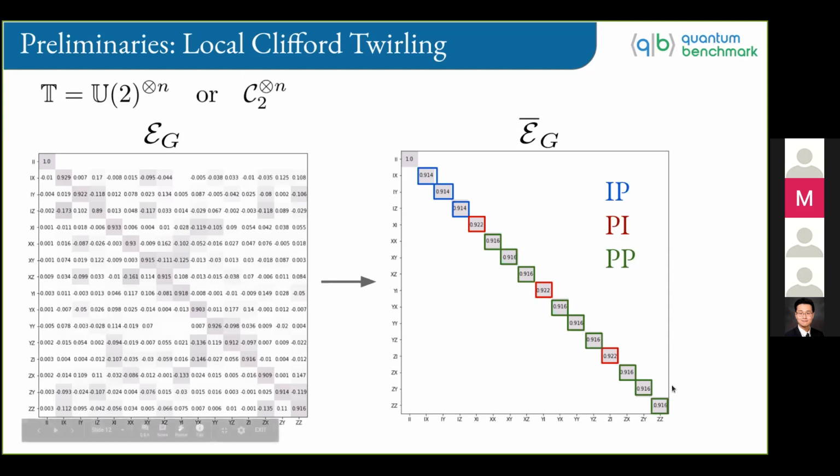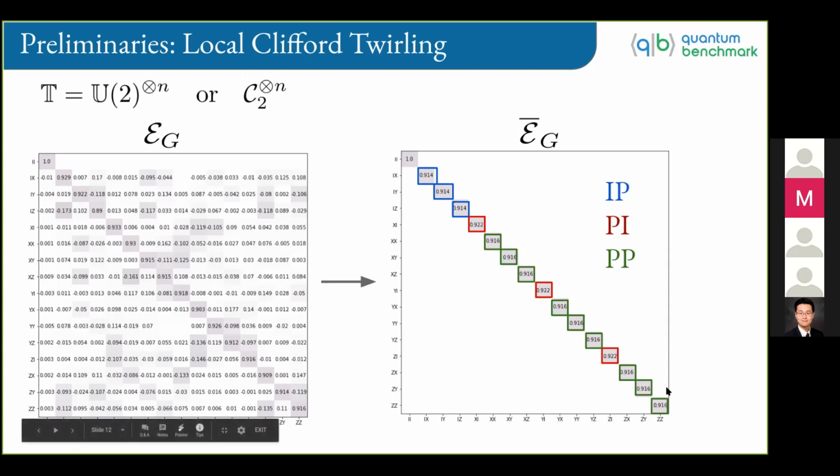And when you twirl, instead of getting a single element on the diagonal, you get exactly 3 elements. You get the average of these 3 blue ones, which are of the form identity and then some Pauli. And then you get one which is the average of these 3 ones, let me find them, xi, yi, and zi, and you get these red ones.